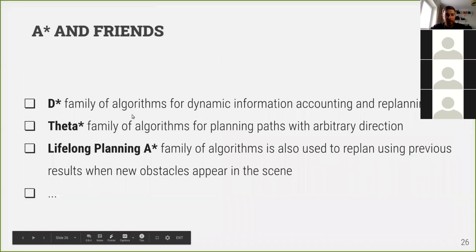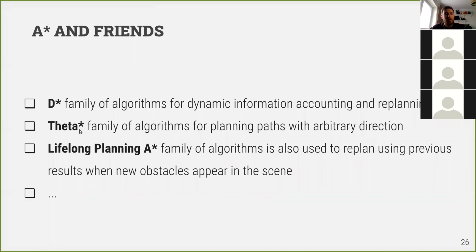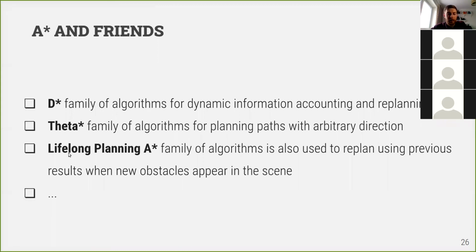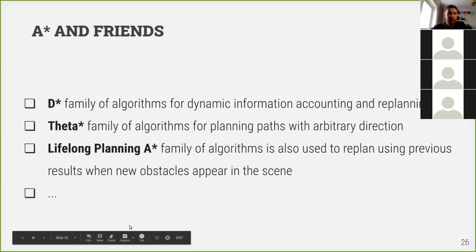This is the modification theta star makes to A star. There is also lifelong planning A star and many more algorithms. As I said, this is a really common and widely used type of algorithm. If you're interested, there will be a link at the end of the lecture in which you can read more on A star and its modifications.